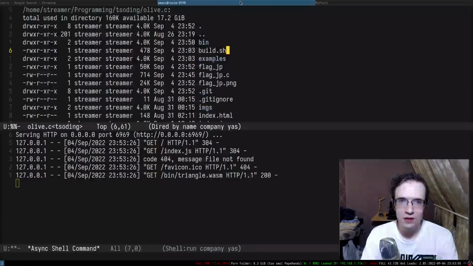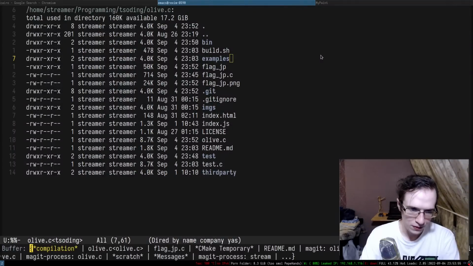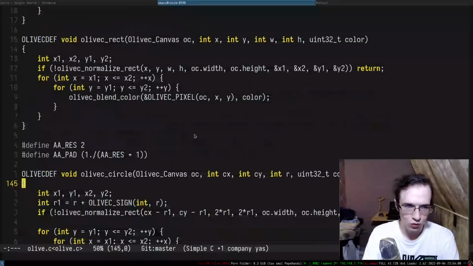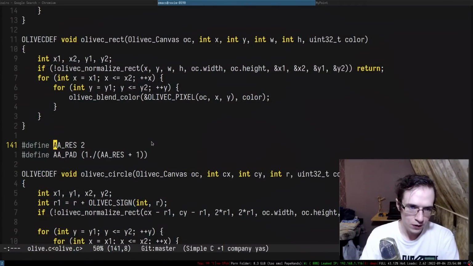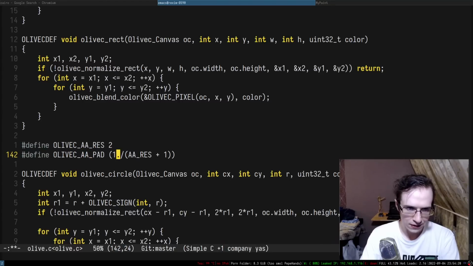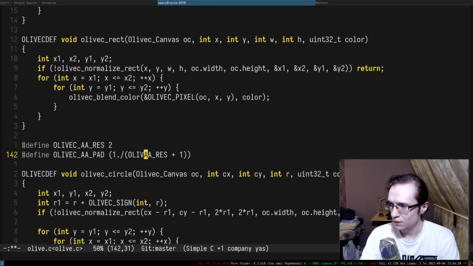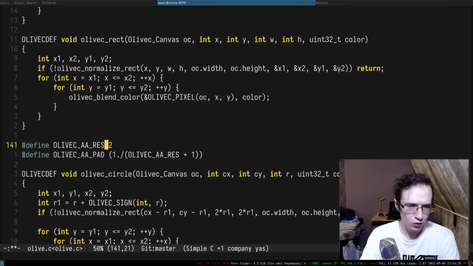Maybe the resolution of anti-aliasing should be customizable, right? So let me try to do that. Since I want to make this parameter a public interface of the library, I like to prefix it with the prefix Olive.c. And here we have to do this padding, and this is going to be a res. Maybe I should call it resolution, but it's too long.